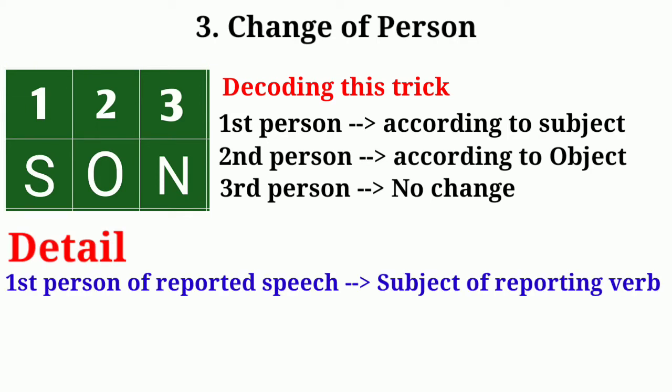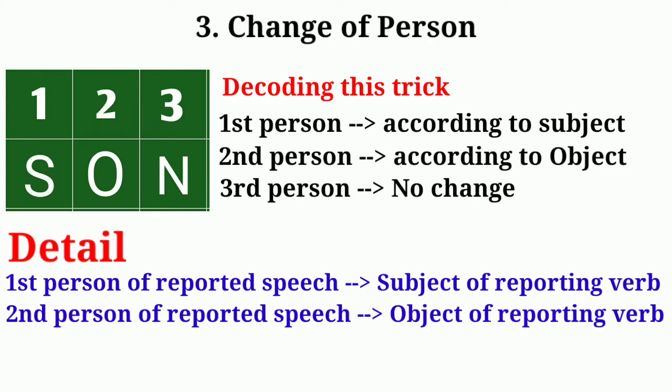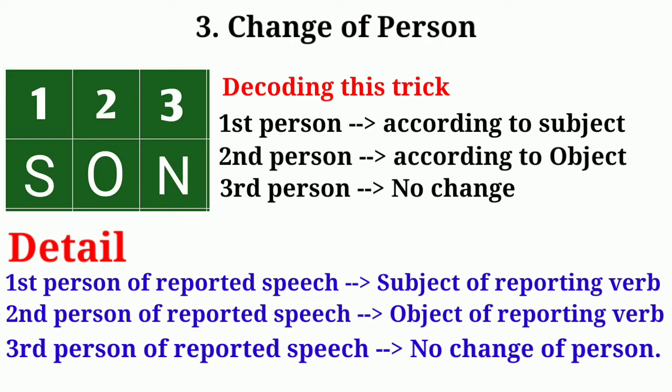It means that if there is first person in the reported speech, it will be changed according to the subject of reporting verb. Second, if there is second person in the reported speech, it will be changed according to the object of reporting verb. And if there is third person in the reported speech, there will be no change in narration. So let's have one example afterwards.